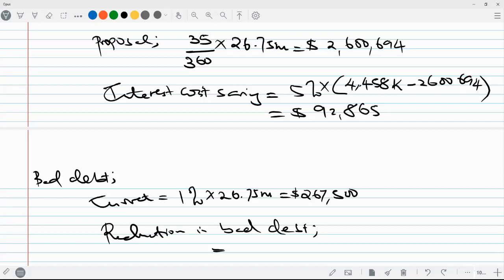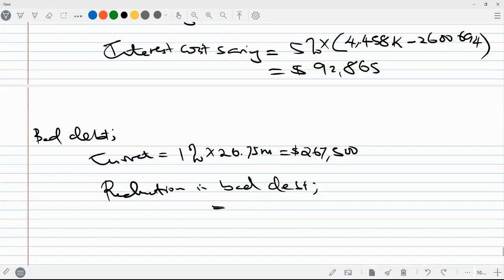Therefore, the reduction in bad debt will be equal to 20% multiplied by the previous expense of 267,500, to give us 53,500. The admin cost saving will be 5,000 per year.